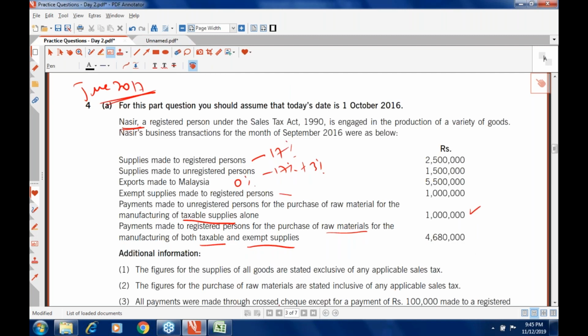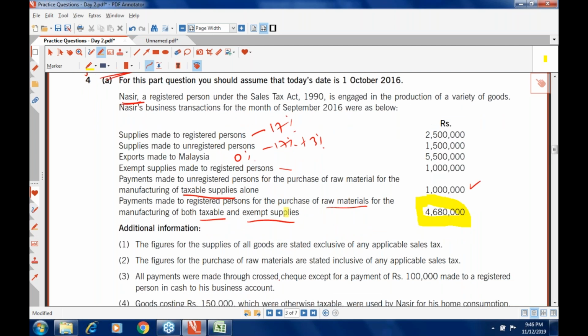So basically, here we are being told that the payments made to the registered person for the purchase of raw material are for the manufacturing of both taxable and exempt supplies. So the input tax pertaining to this will be apportioned between the taxable and the exempt supply in a ratio.